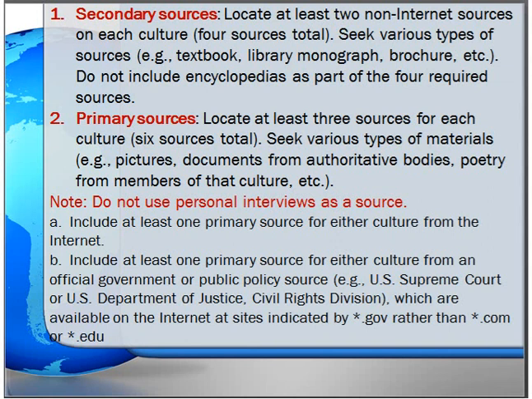There are some very specific requirements as to where these sources must come from. You have to have one primary source from a government website, something that ends in .gov. Now, the thought here is that the government, in its production of a website and the information on a website, is considered to be the expert in the area.